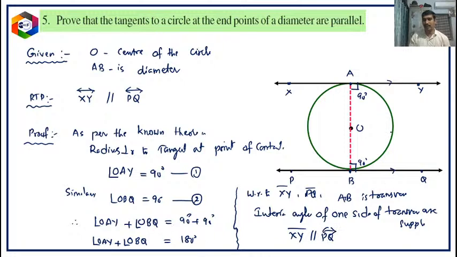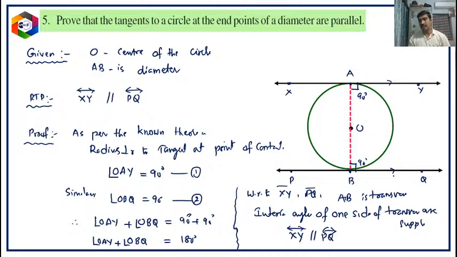So whenever the interior angles on one side of the transversal sum to 180, no doubt at all, those two lines must be parallel. Why these two 180? This angle is 90 and this angle is 90. Now the sum of these two is 180. Whenever the interior angle sum on one side of the transversal is 180, those two lines must be parallel lines.